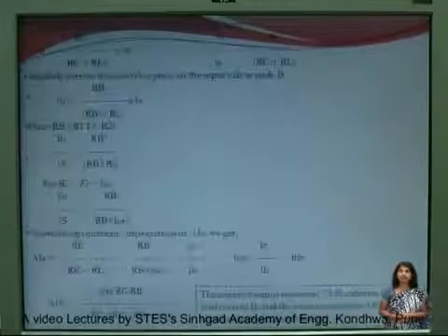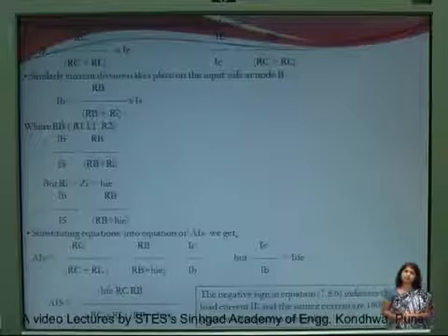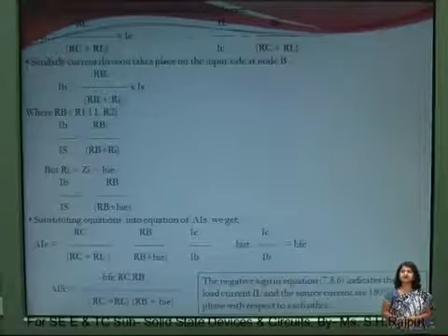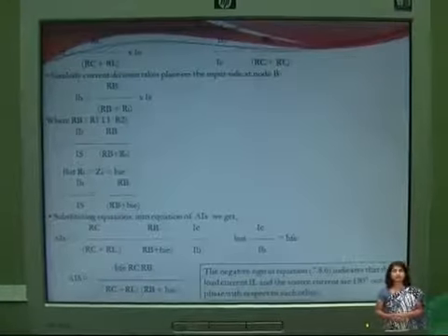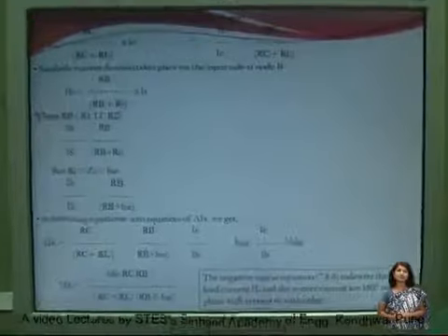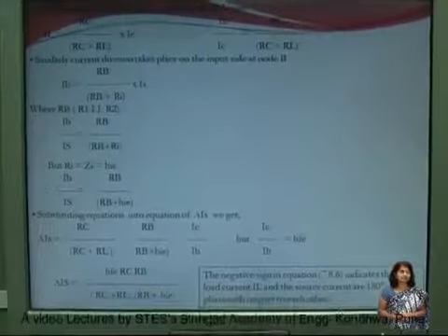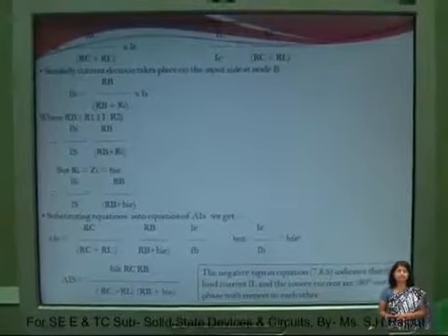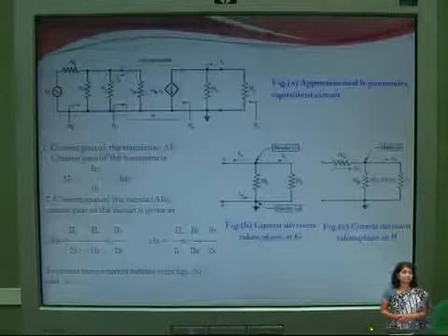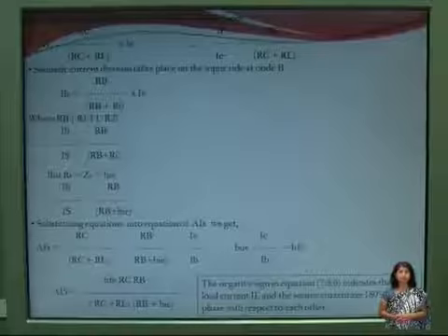Similarly, the current division takes place on the input side at node B. Figure C shows the current division takes place at B. Here the value of IB is given by RB divided by RB plus RI, that is input resistance, into IS, that is the source current, where RB is nothing but R1 parallel with R2.